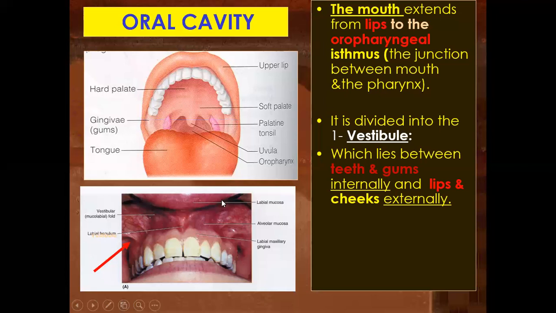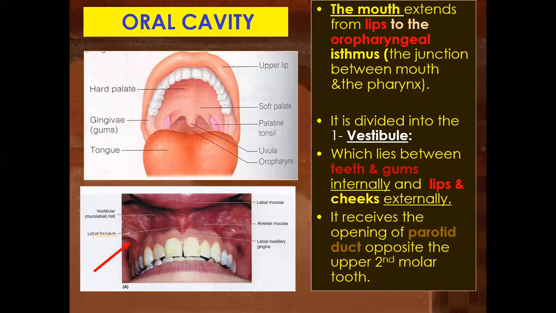If you lift the lip, the space between the teeth and gums and the lips or the cheeks is called the vestibule.